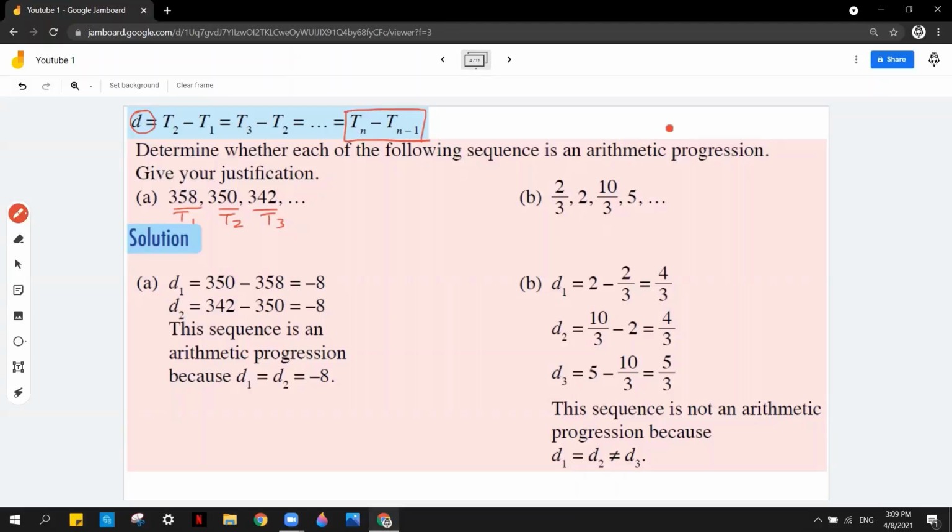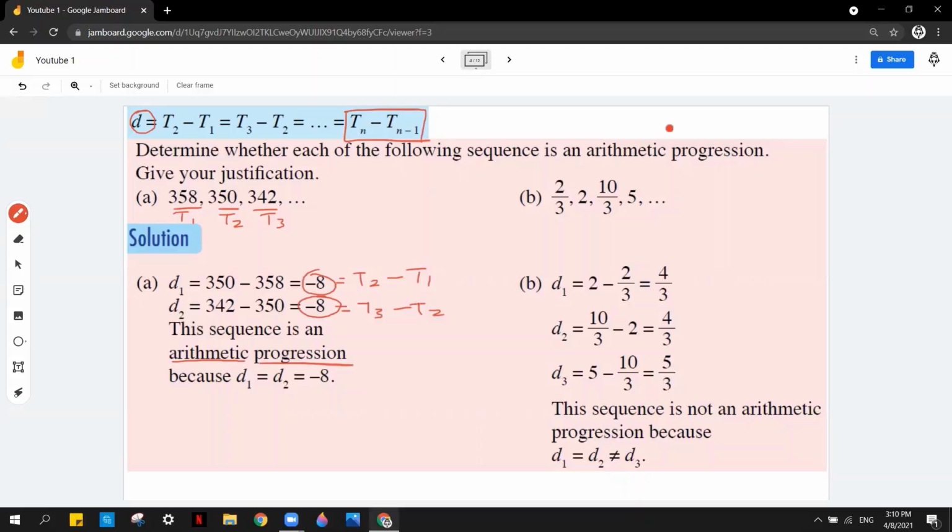If you notice here, they literally just did T2 minus T1, and then for the next difference it is literally T3 minus T2. So if you notice, the differences here are the same. Hence, this is an arithmetic progression. It's a common difference. Please take note of that.